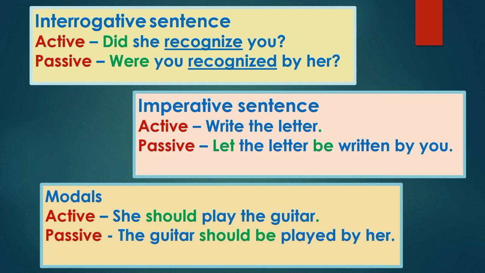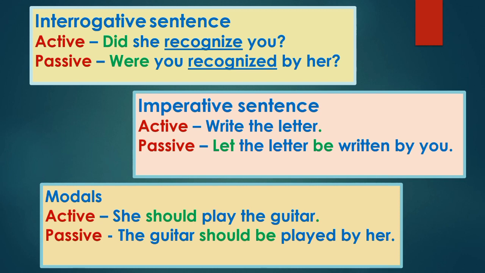"Should" will come as it is. "Be" will be added to it. "Play" will be converted into the third form, that is "played by", as per the rule. And then "she" will be converted into "her" and will come at the end. So "She should play the guitar" will be converted into "The guitar should be played by her."